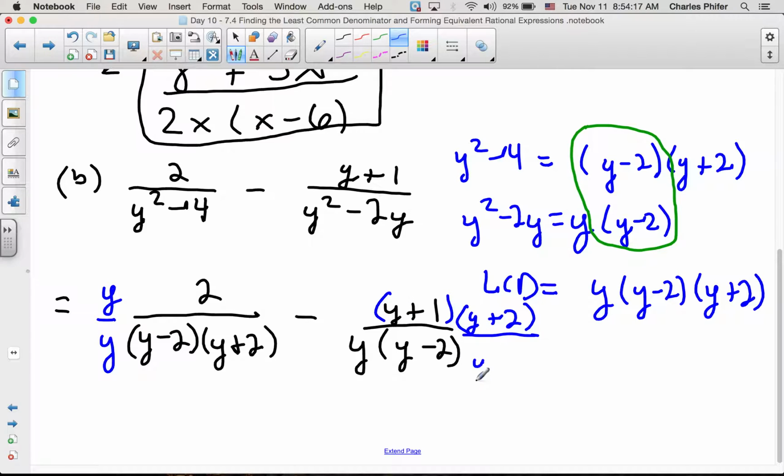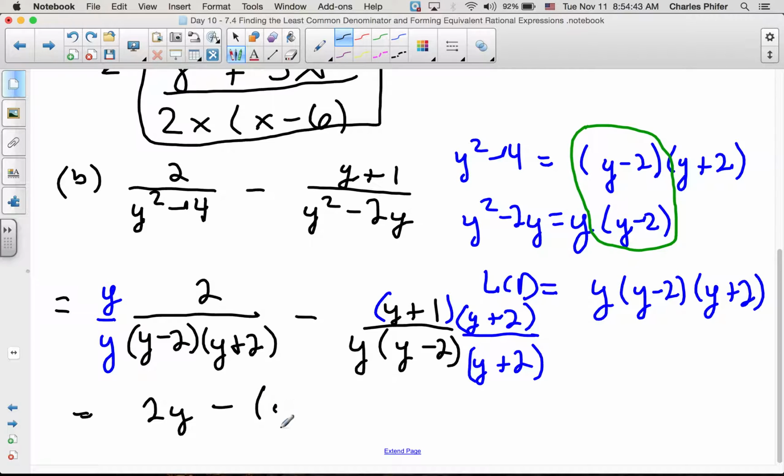Okay. So then that numerator becomes 2y. Got to watch out for this negative. So I'm going to say negative. I'm going to go ahead and FOIL this out. So notice I'm putting parentheses because I need to distribute that negative.